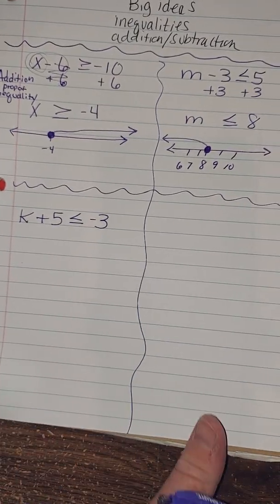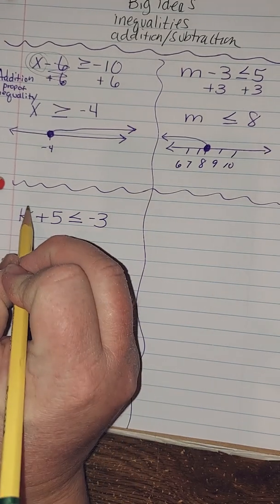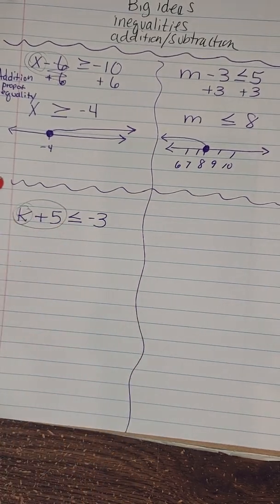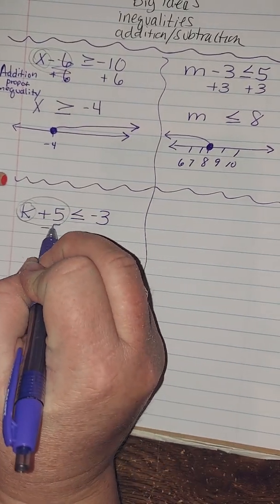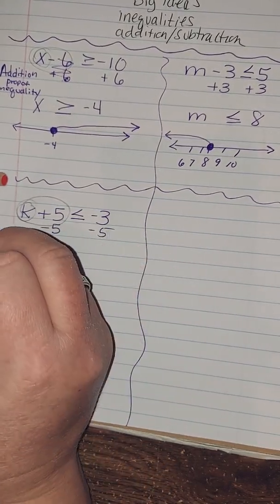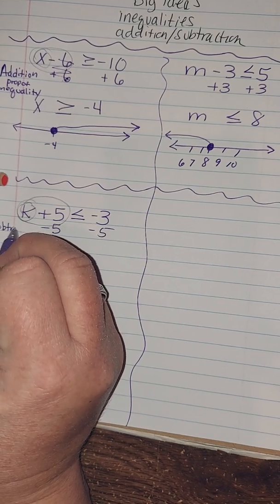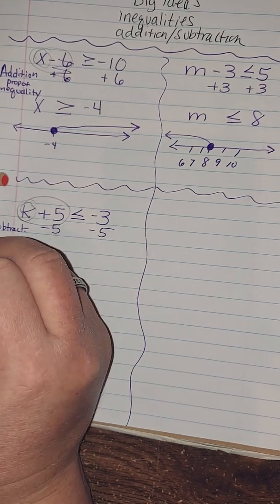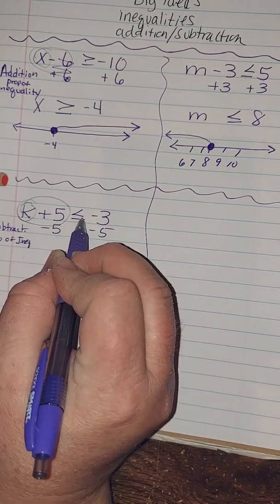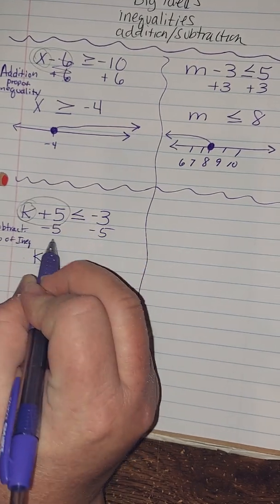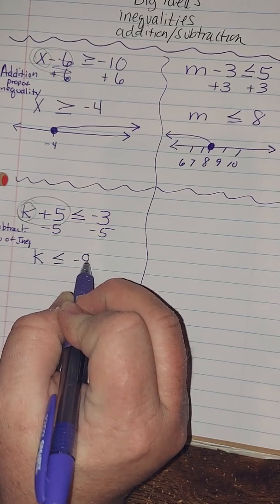So in order to onion this, I need to move this 5. And by doing subtraction, you're doing the subtraction property of inequality. And inequality meaning this. So I get K and I get a negative 8.